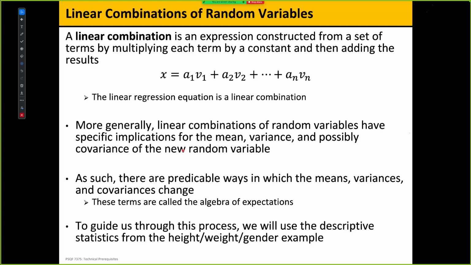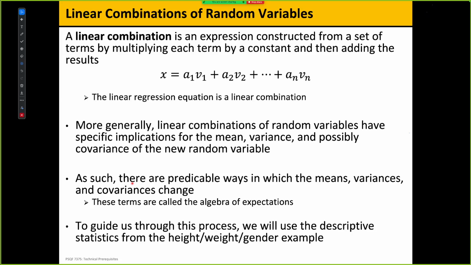So if you want to create a new variable, and it's the linear combination of a series of other variables, you can come up with what the mean of the new variable happens to be, based on expected values of each of the components of the linear combination. So there are predictable ways in which these means, variances, and covariances are formed or change, and that's what we call the algebra of expectations.